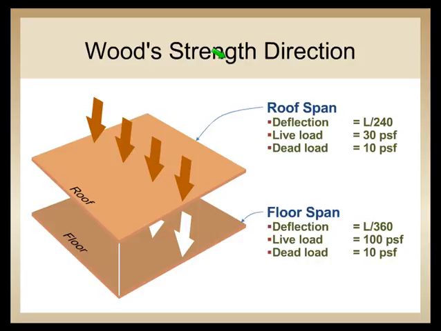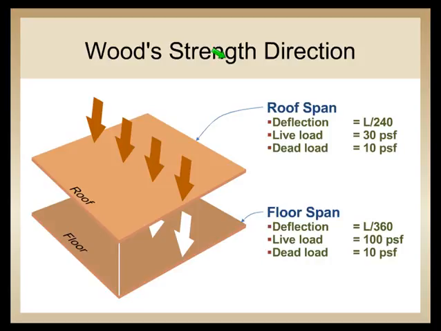The design criteria that's used for our panels is shown here. On any of the grade stamps that you'll see on the product, it's based on this design criteria. For a roof span, that would be a deflection limitation of L over 240, 30 PSF live load, 10 PSF dead load.